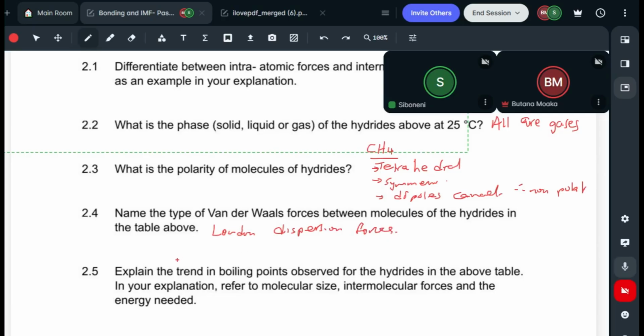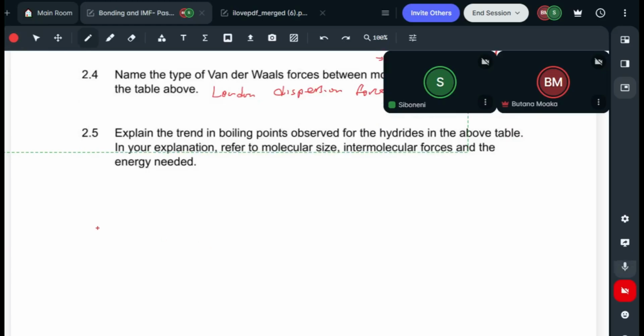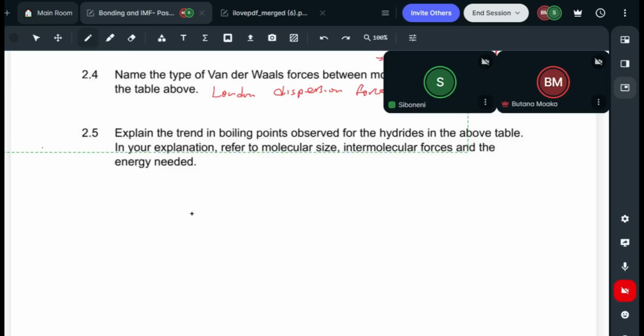Why are we saying they are London forces? Because we said all of them are non-polar. Non-polar molecules experience London forces, okay? This is how you want me to teach? For now, yes.